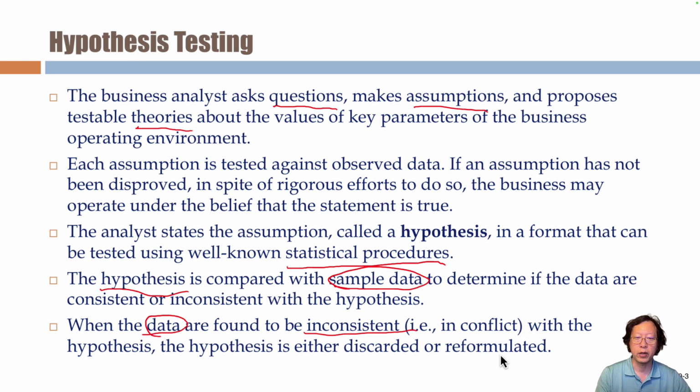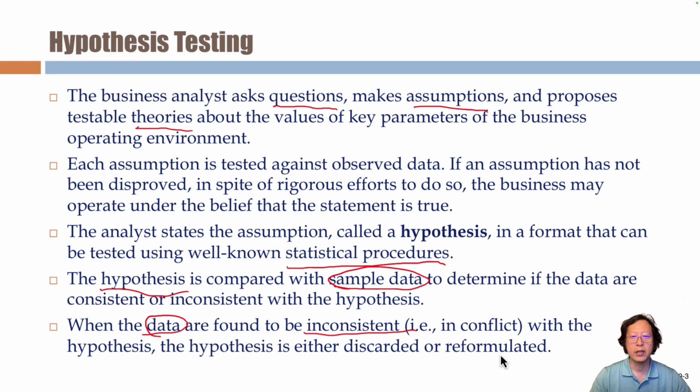If it's not inconsistent enough, then we fail to reject the hypothesis. So we never say accepting; we say rejecting or fail to reject. We will see what I'm talking about.